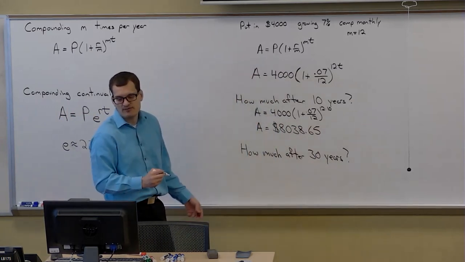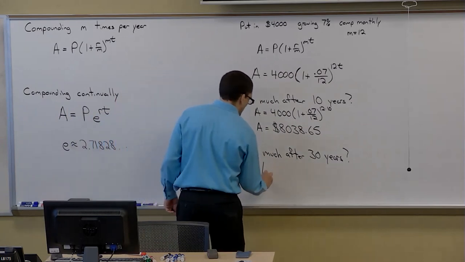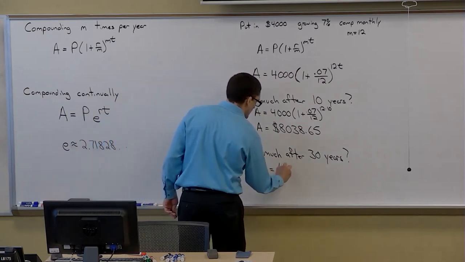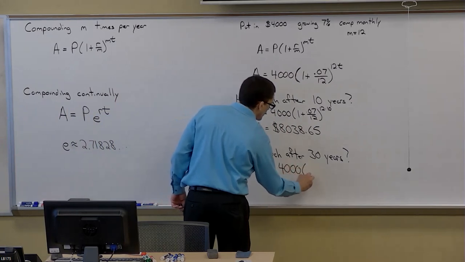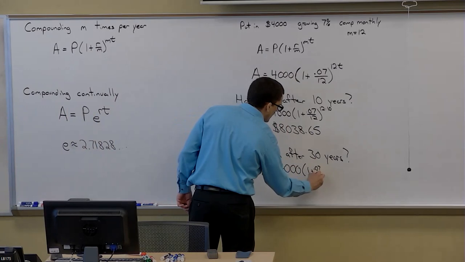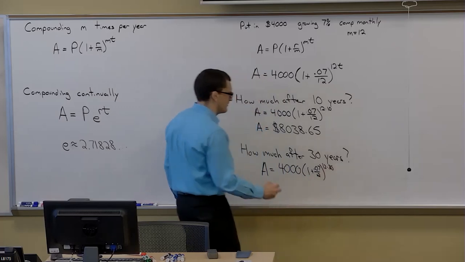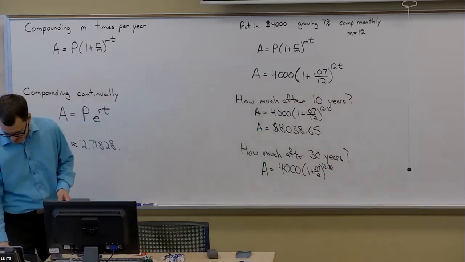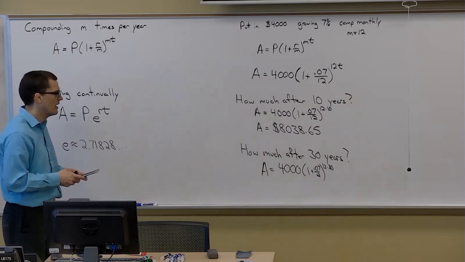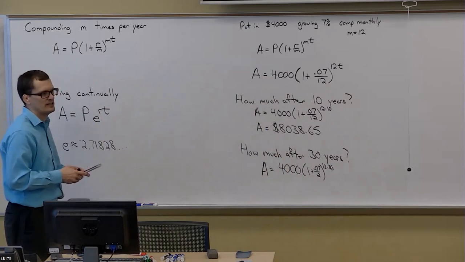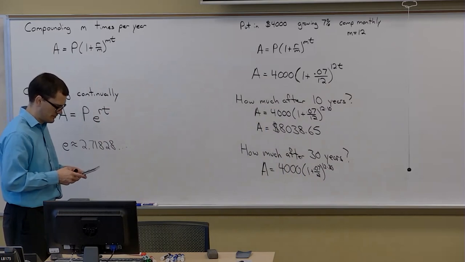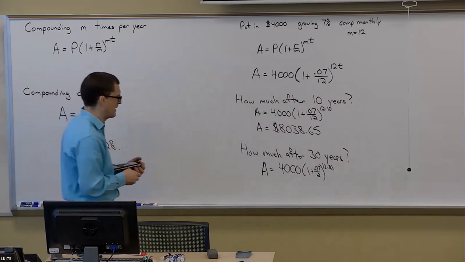And if we do the same thing for 30 years, we simply plug in 30 into the t. 30 times 12 is 360. So if you want to use the 360 as your exponent, just to make things a little bit clearer, you can do that.